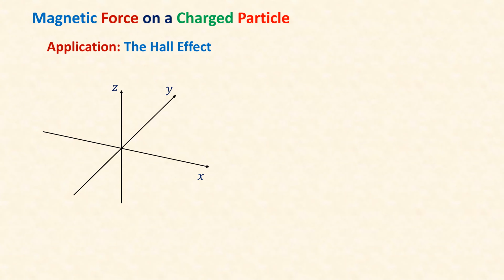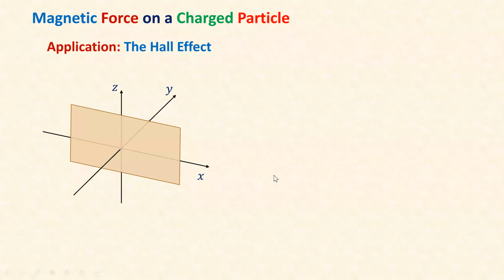So it makes a difference whether the moving particles in a wire, or whatever we have currents in, are positive charge particles moving in the direction of current or negative charge particles moving in the negative direction of the current.